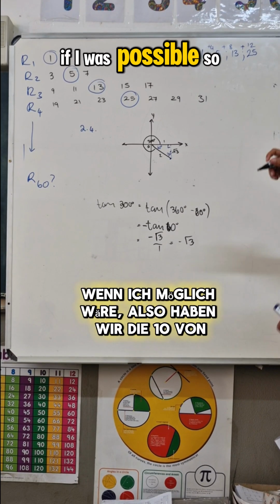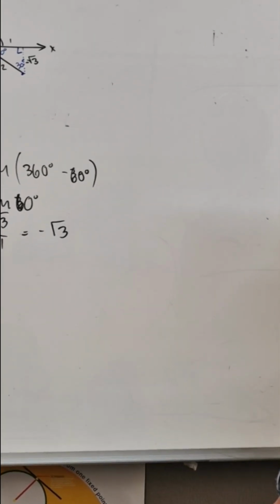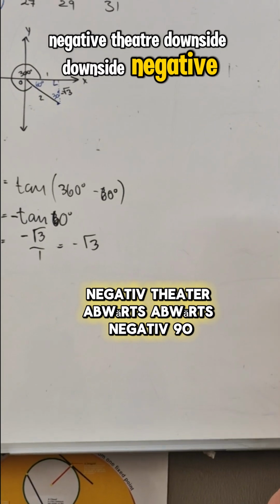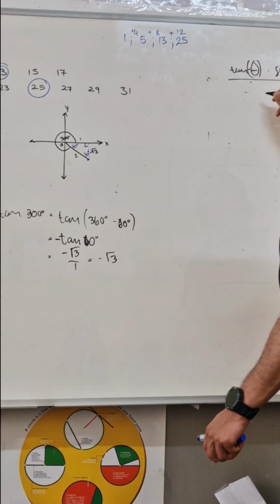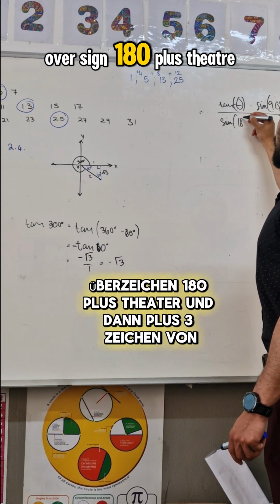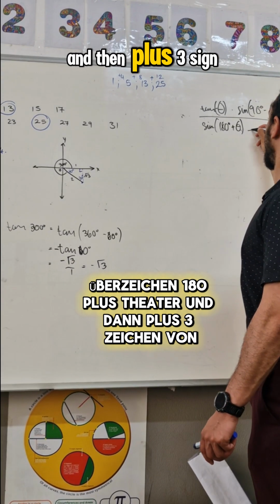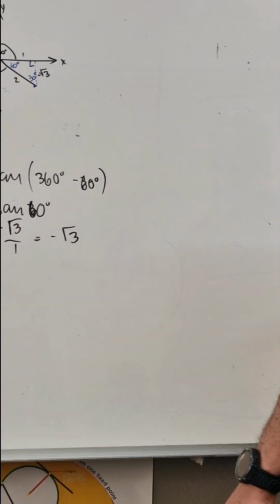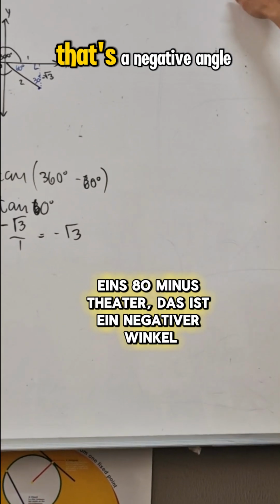So we have tan of negative theta times sine of 90 minus theta, over sine of 180 plus theta, and then plus 3 sine of 180 minus theta.